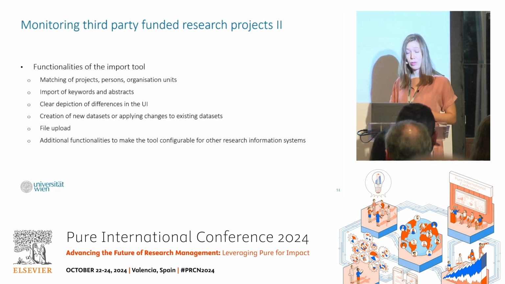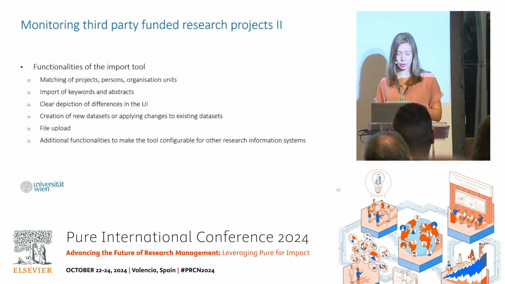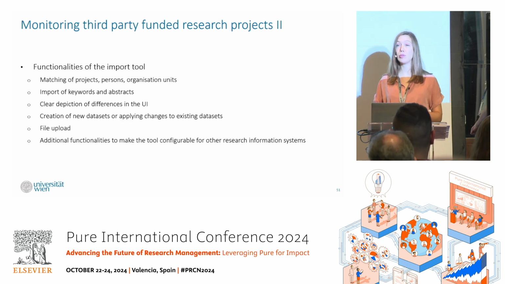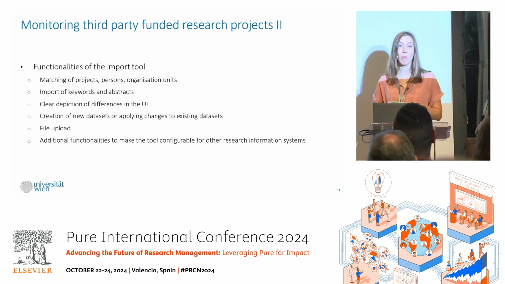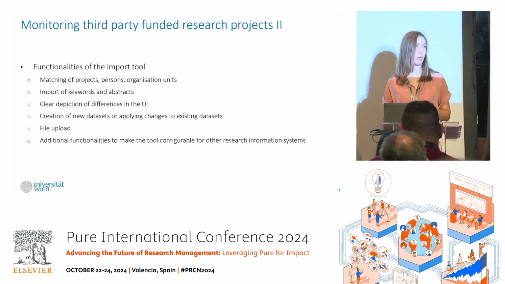And also, like with the person matching, the tool always just makes a suggestion, and the user must confirm the selection manually. So when creating, for example, a new project, the tool also supports importing abstracts or keywords. For example, we have the Austrian fields of science or other free text keywords, all of which can be automatically pulled into the system.